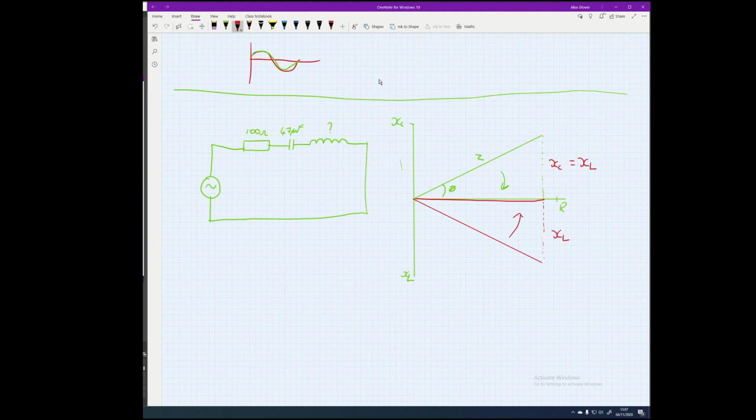Now the formula we have for XL, remember our formula for XC was 1 over 2 pi FC, and basically what this means is that because this is inversely proportional, as frequency increases, this gets more like a short.